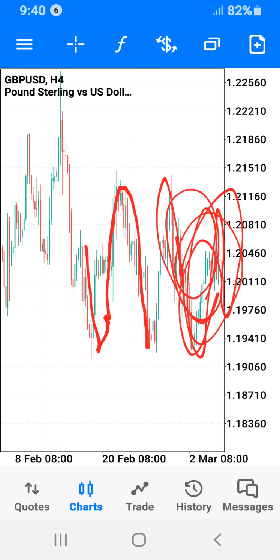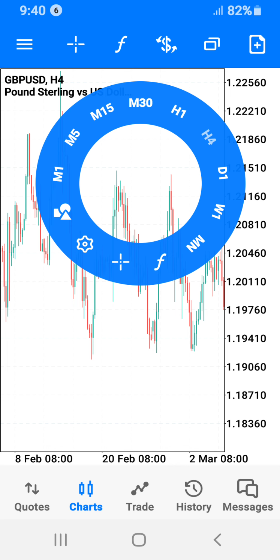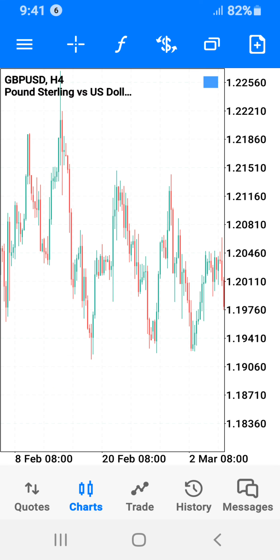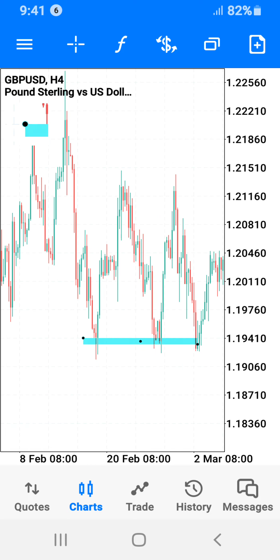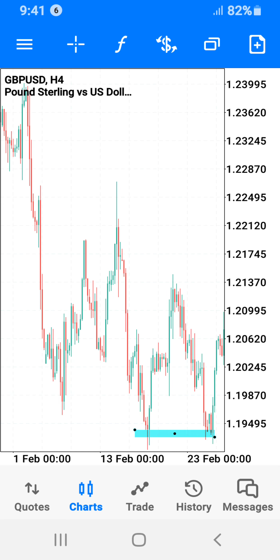So we drew our horizontal support line. You see, this move was like this. This move was like this. We drew our horizontal support line.